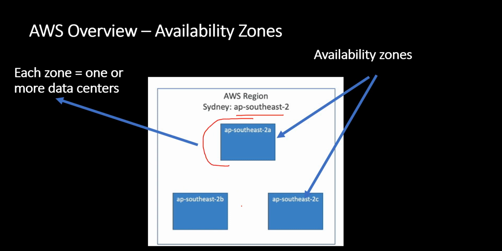So one data center, another data center, and another data center. And the difference is, if we see, this is not ending with an alphabet. So if you don't see any alphabet, it means it's a region. But if we see any alphabet ending with A, B, C, etc., it means it's a data center, it means it's an availability zone. And we will cover in more videos why we need that.